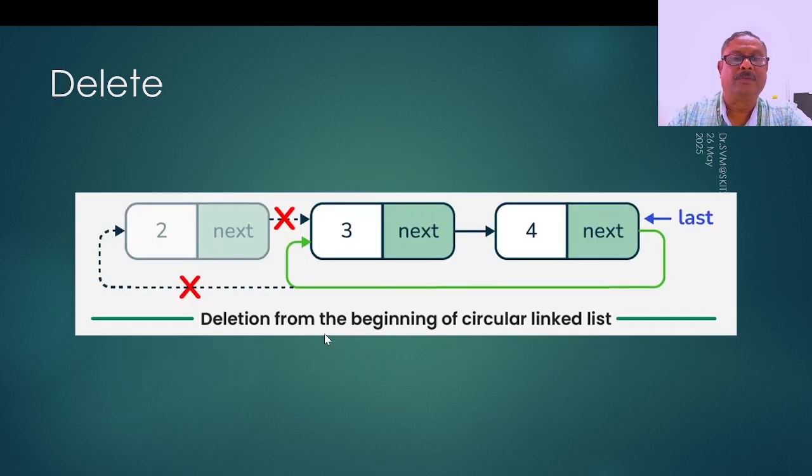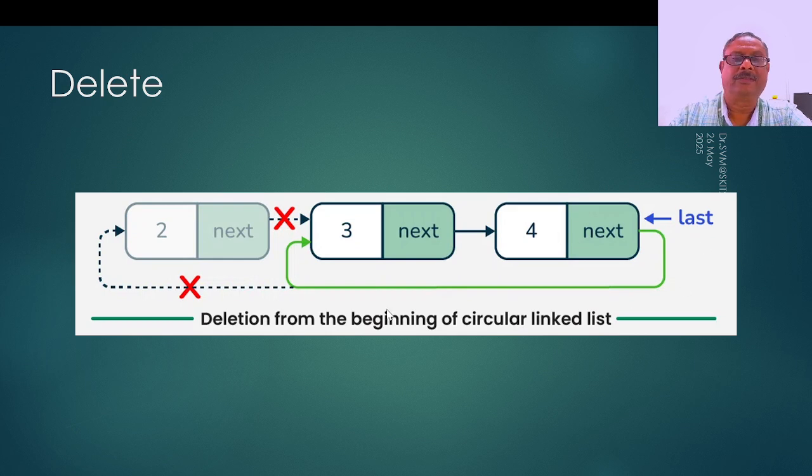Now, when it comes to deleting, whenever you are trying to delete a node, the next of the previous node has to move to the next one. Here we are trying to delete node 2. That means prior to node 2 was this one.